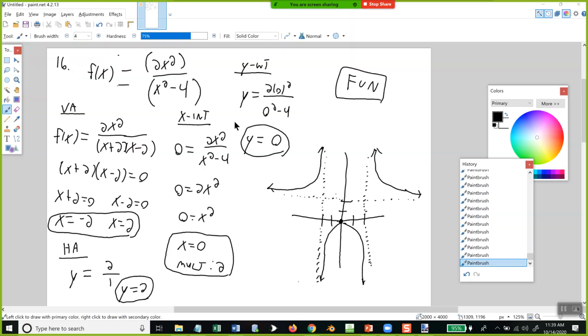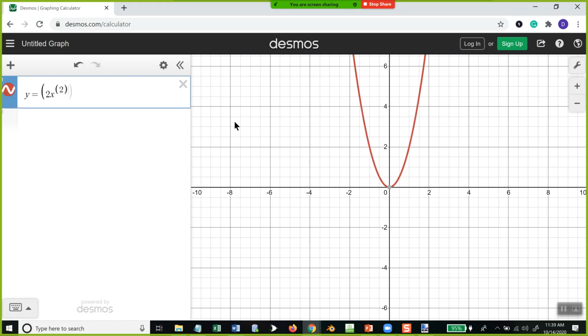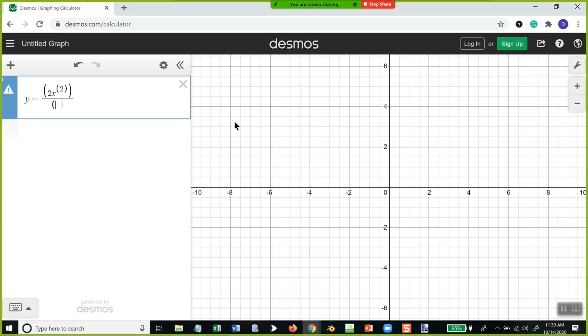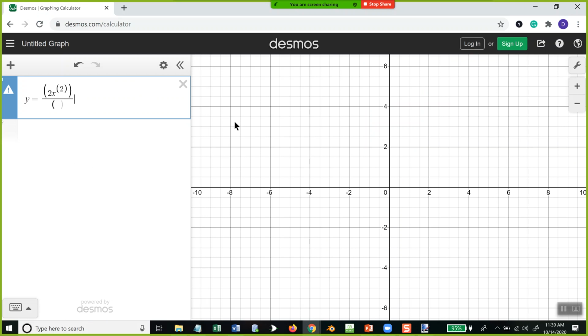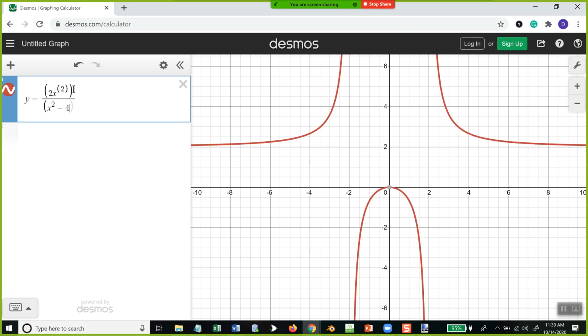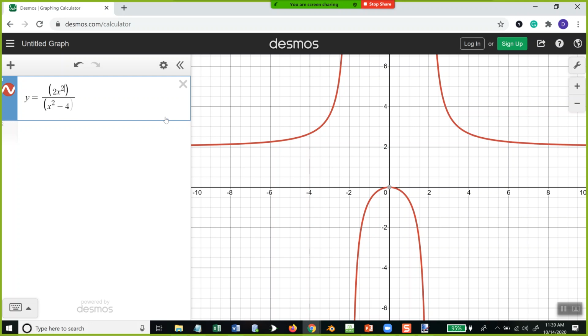Y equals 2x squared over x squared minus 4. And that's what it actually looks like.